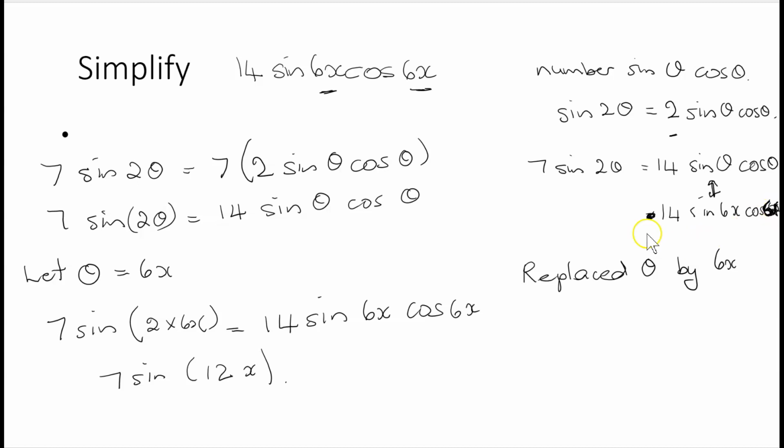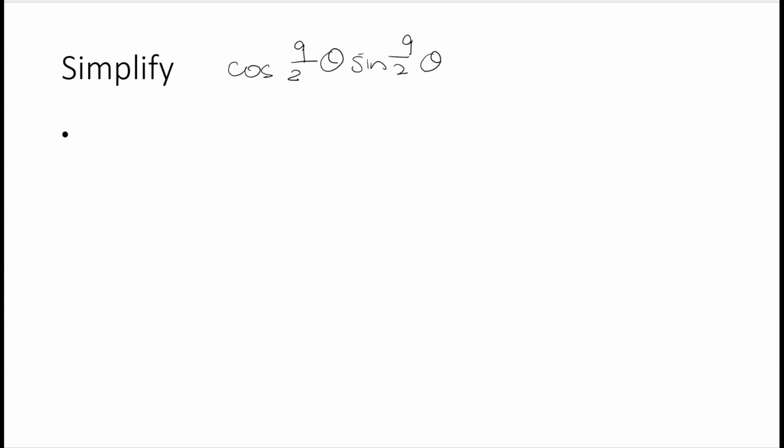And the last one I want to look at is this one. And again, the only identity that has cos something times sine something is the one that's got 2 sine A cos A. And if you check that out, that's sine 2A.